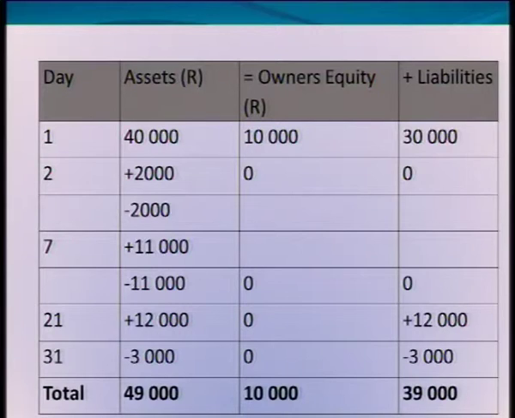Let's look at day 1. Your assets have a total of 40,000 coming from your owner's equity of 10,000 and your liabilities of 30,000. Meaning your owner's equity was affected with 10,000 and your liabilities with 30,000.